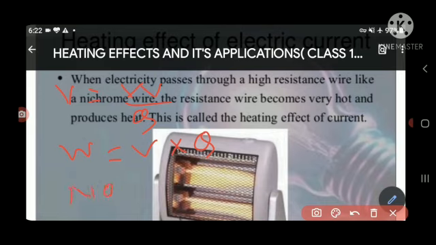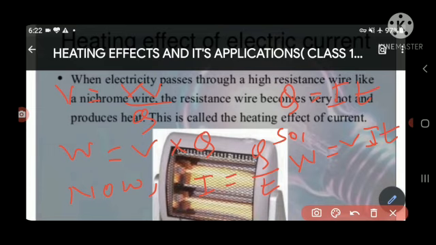Now I is equal to Q by T. Rate of flow of charge is called current. From here we get Q equal to IT. So work done W is equal to V, and in the place of Q you write IT.